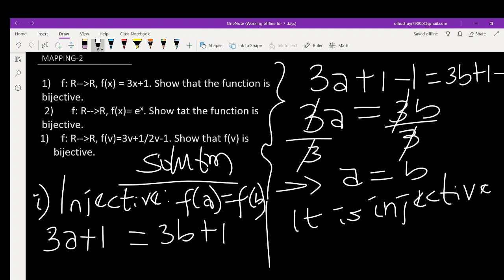Now the next thing we show is surjectivity. The mapping should be onto.